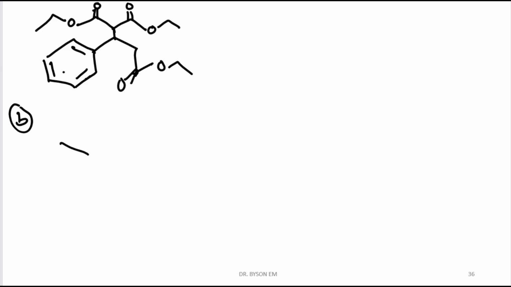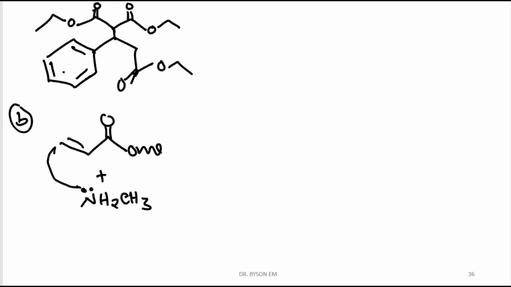So we have this compound here, reacting with... so first thing, the lone pairs of electrons on the nitrogen will go and push this double bond to here, and then this will break.